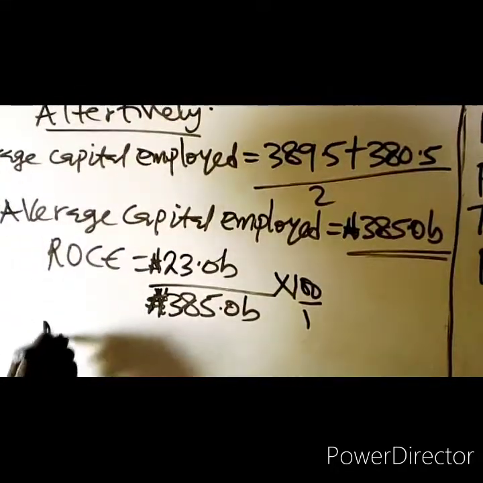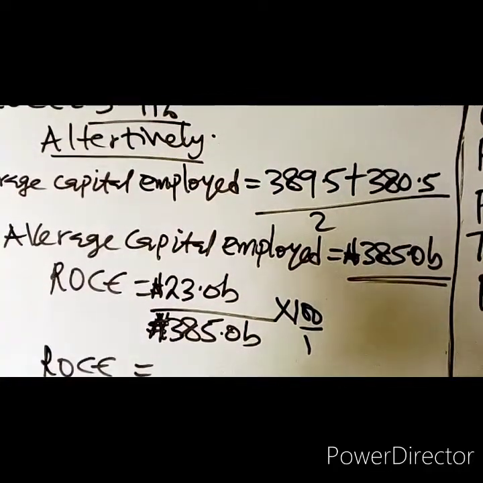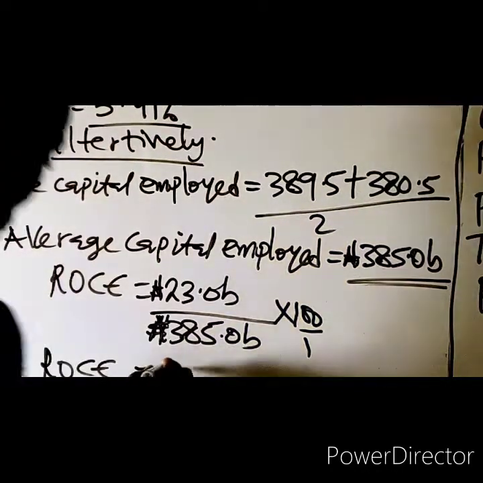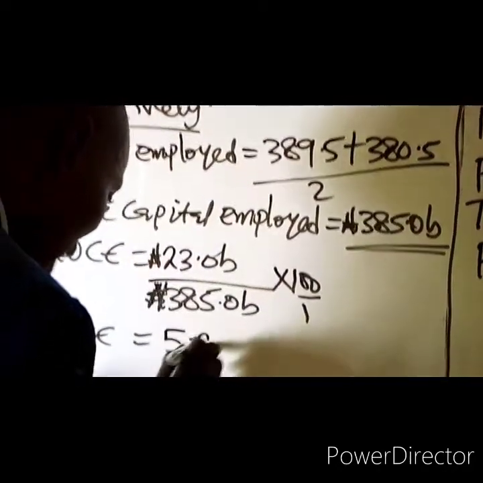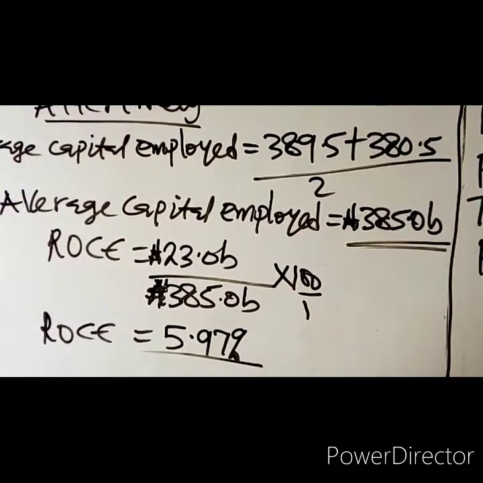That is 23.0 divided by 385 times 100, which gives us 5.97%. That is the ROCE.